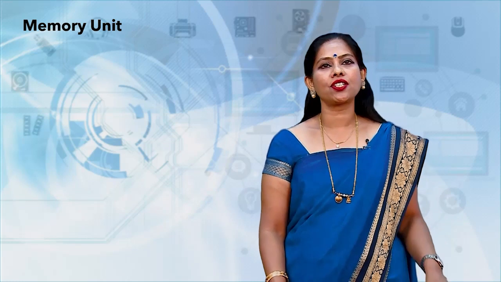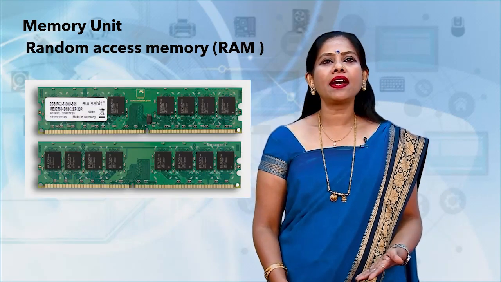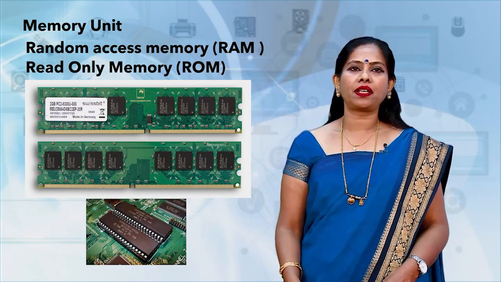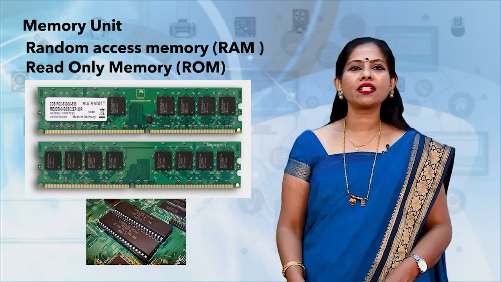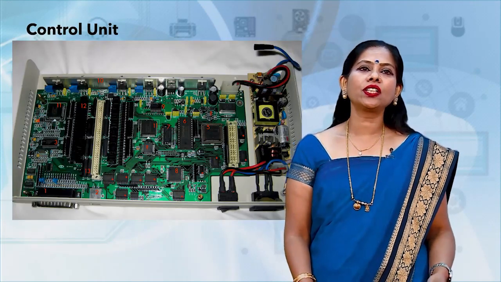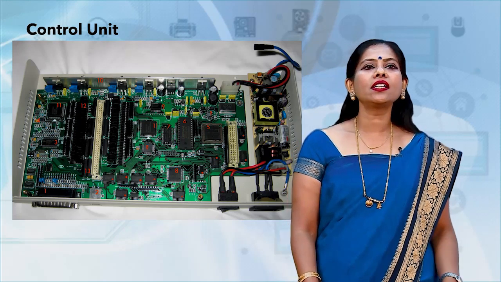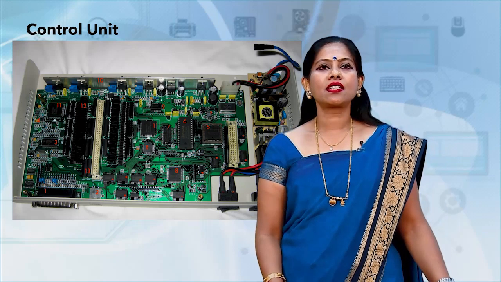Memory unit: what the memory unit does is hold the data and instructions for processing. You have RAM, random access memory, and the other one is ROM, read only memory. ROM is also called firmware. Next is the control unit. It directs and coordinates all the activities inside the CPU.